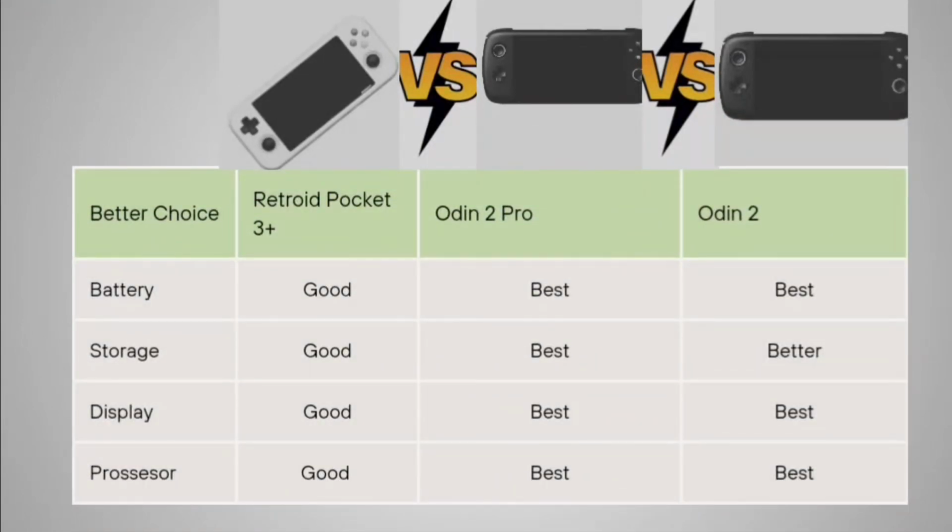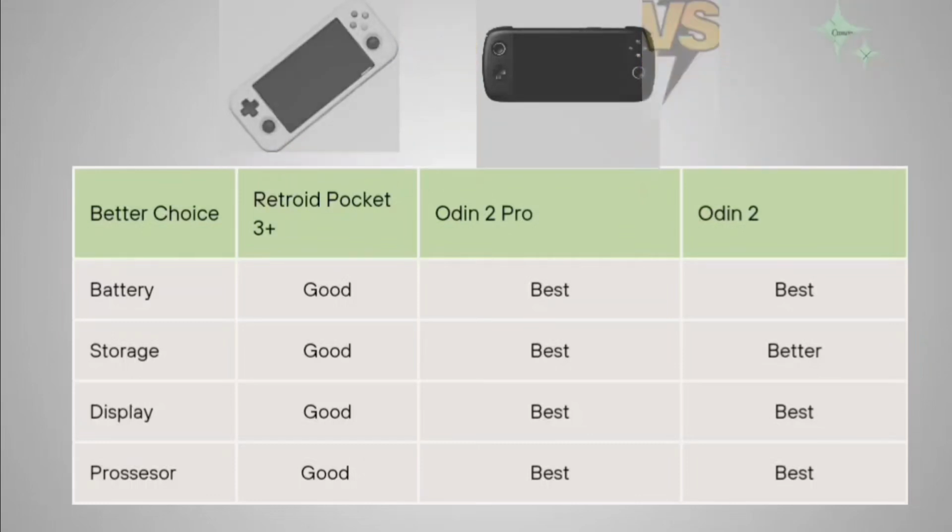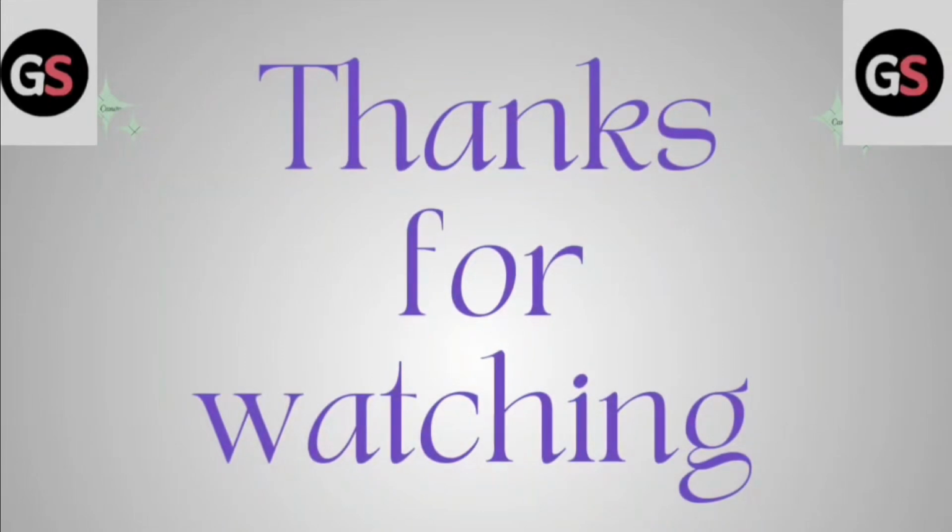Now finding out which one is the best: on battery, the Odin 2 Pro and Odin 2 give the best result. Storage-wise, the Odin 2 is better and the Odin 2 Pro gives the best output. Display-wise, the Odin 2 Pro and Odin 2 both get the green flag, and processor-wise, the Odin 2 Pro and Odin 2 are the best.